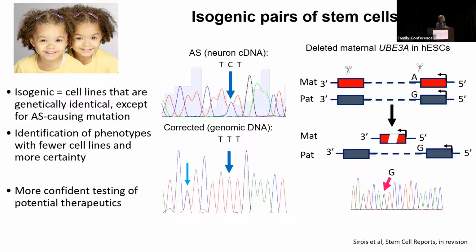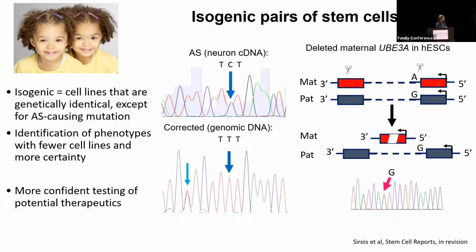We can also do this by deleting UBE3A. So in this case, we use two CRISPRs and use that end joining part, right, where the two cut ends recombine to each other, just to delete UBE3A. And then after the fact, asked whether we cut the maternal copy or the paternal copy. So why would we do this?